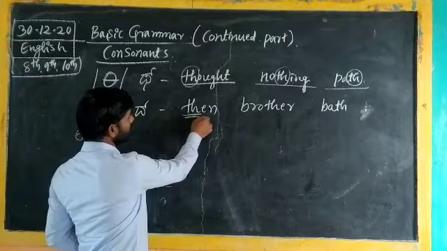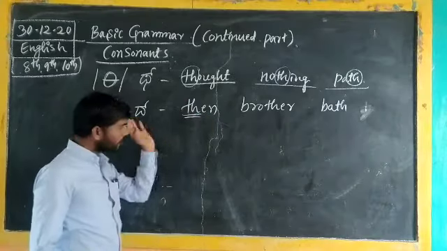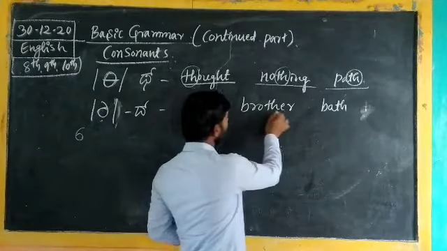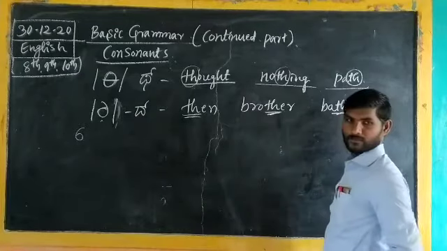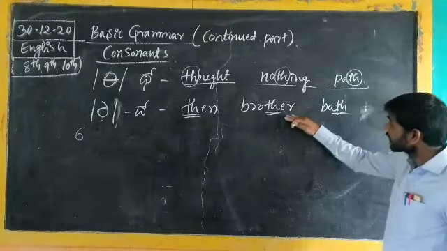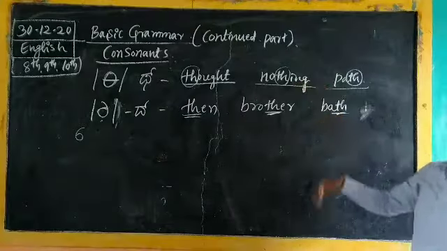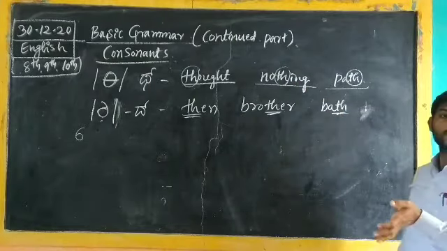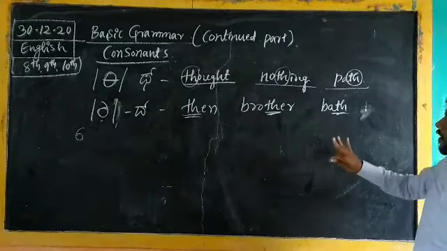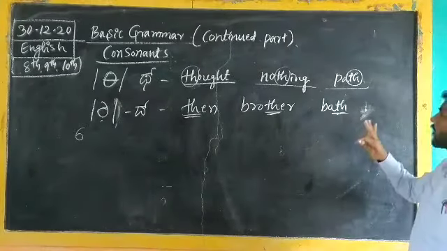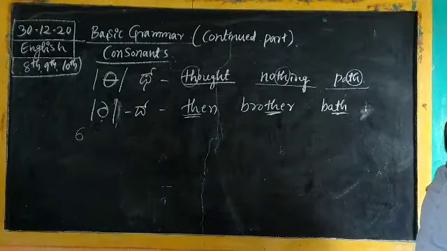Then here also th is there. Then brother, bath. But here also th is there. How can we identify the pronunciation after the th? Just understand.